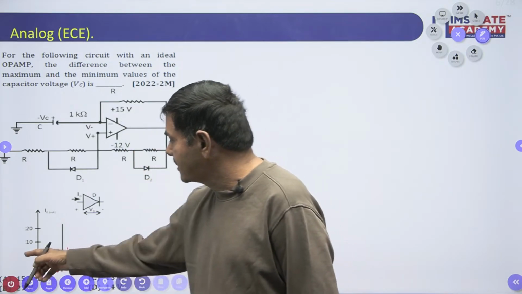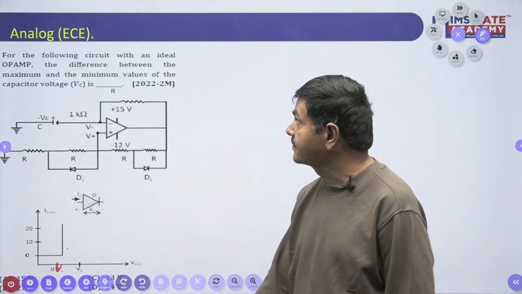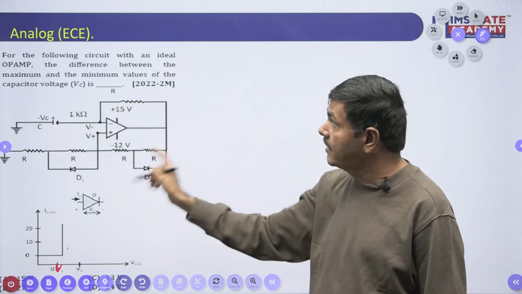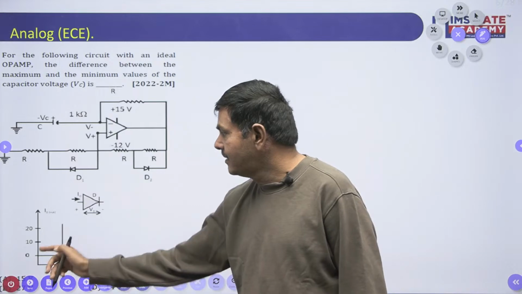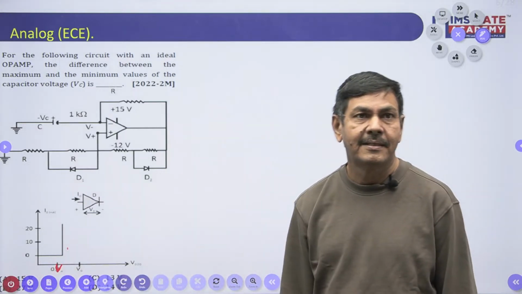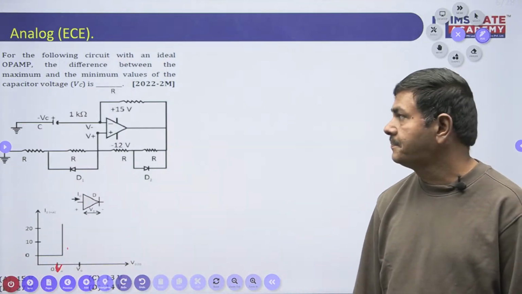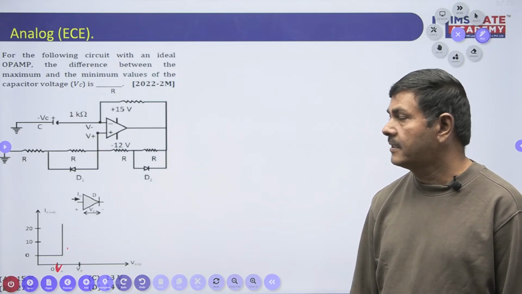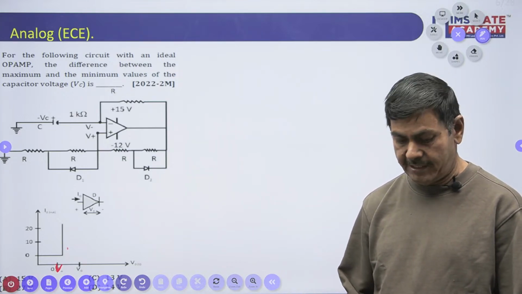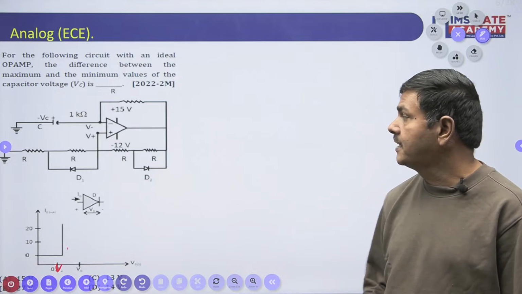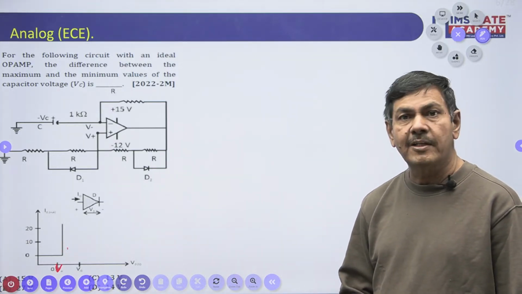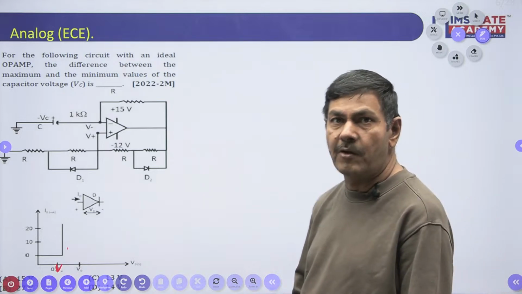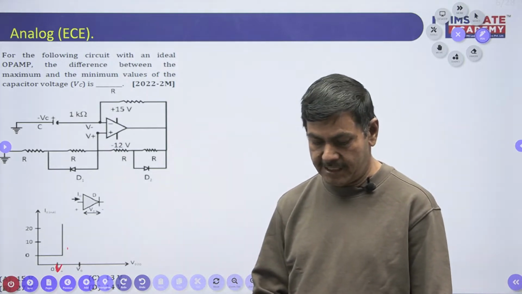At 0 voltage, same 0, because the op amp and diodes are ideal, there is almost 0 voltage, and at 0 voltage, 0 current only. Can anybody tackle this question without my help? I will wait. Please try to tackle this question and give an answer. Your valuable answer is very important. Please respond.